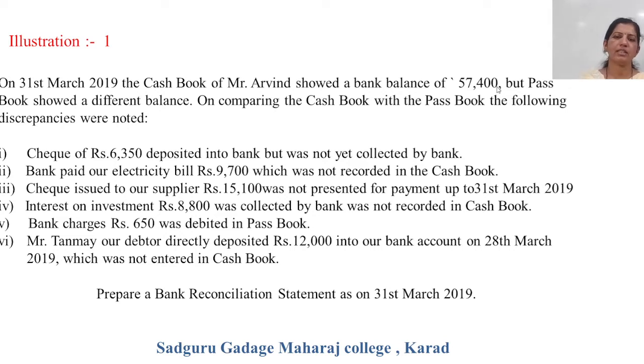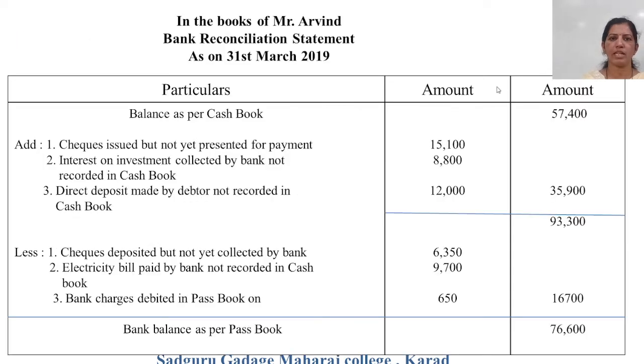For BRS, four types of balances are given: balance as per cash book, balance as per passbook, overdraft as per cash book, and overdraft as per passbook.